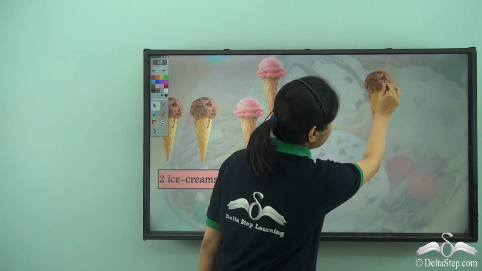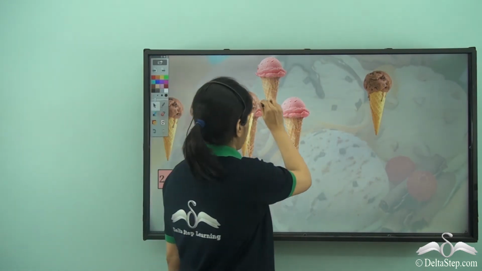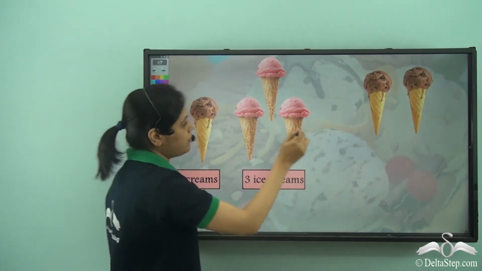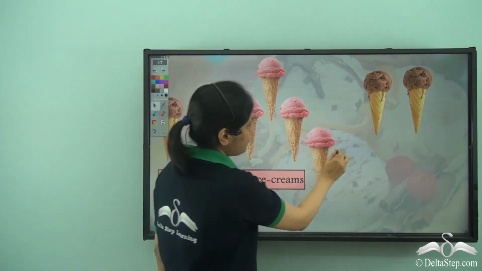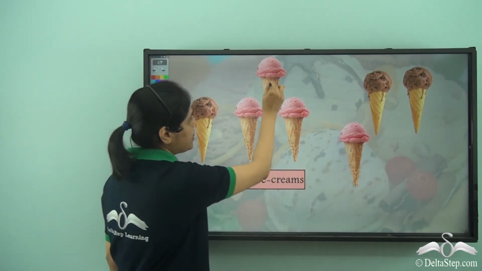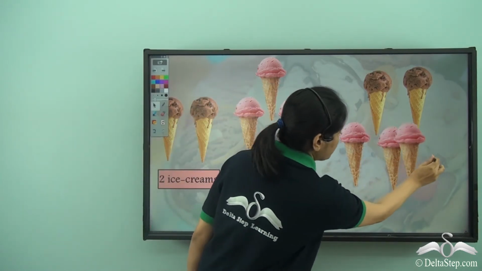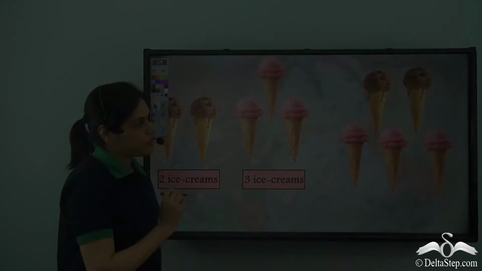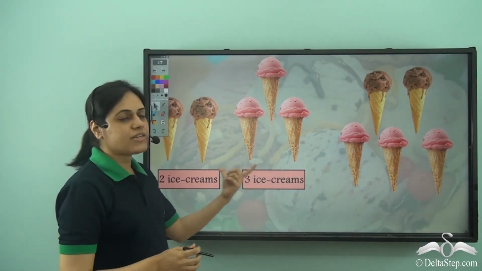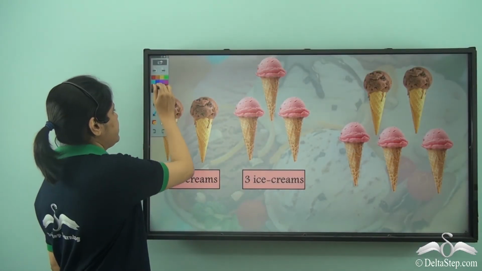So 1 chocolate ice cream, another chocolate ice cream. And then from 3 strawberry, we have 1, 2, and 3. So there are 2 chocolate and 3 strawberry ice creams.